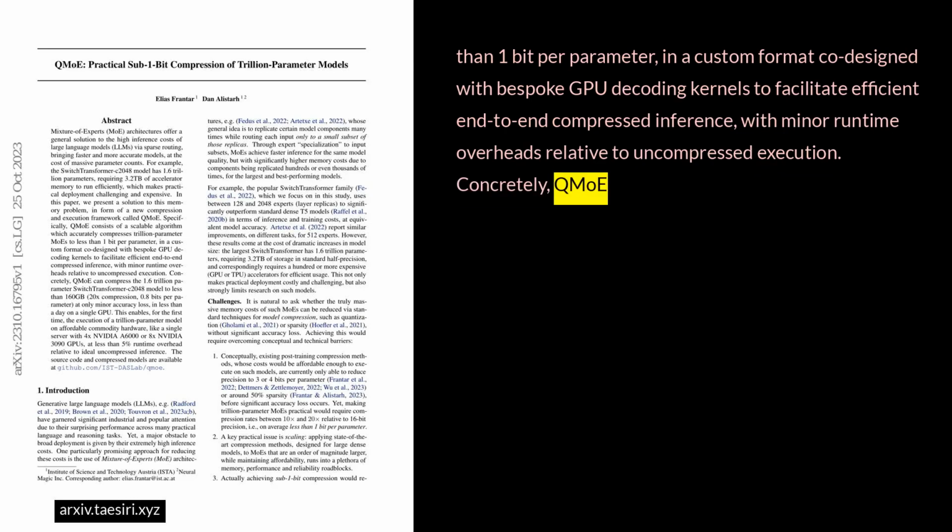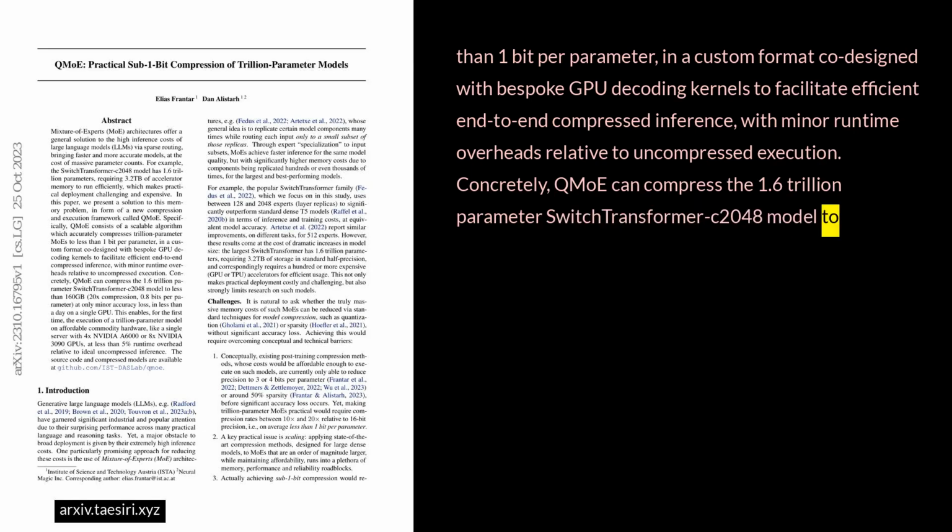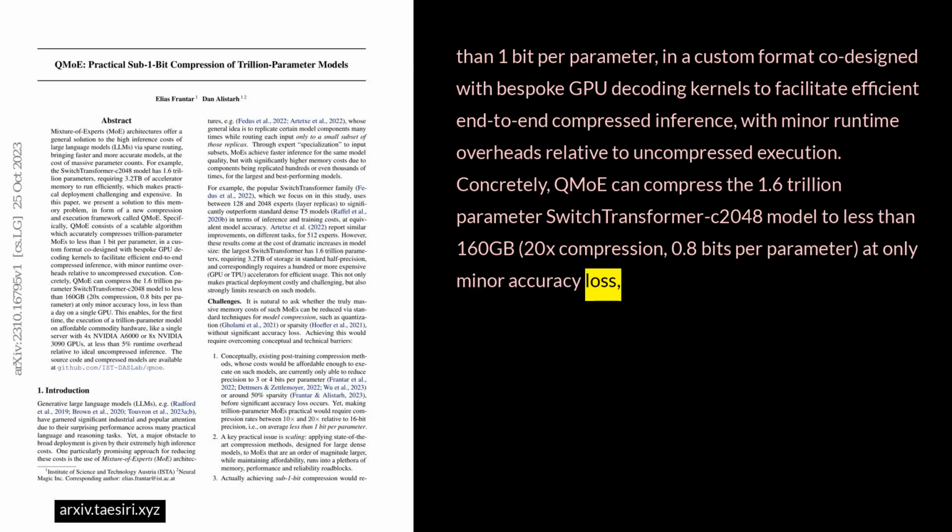Concretely, QMoE can compress the 1.6 trillion parameter Switch Transformer C2048 model to less than 160 GB, 20x compression, 0.8 bits per parameter, at only minor accuracy loss, in less than a day on a single GPU.